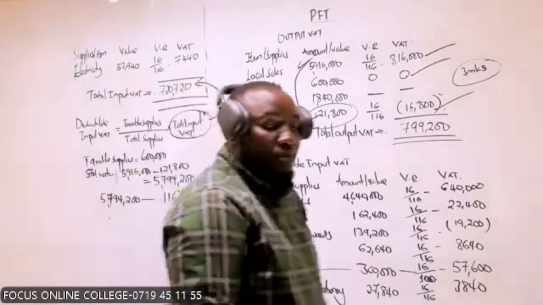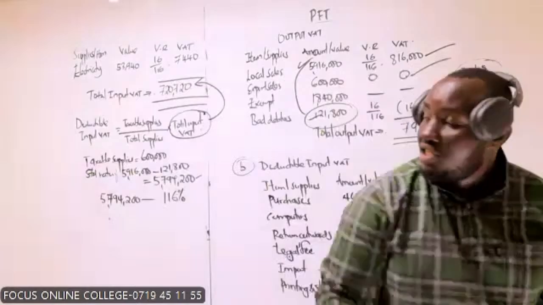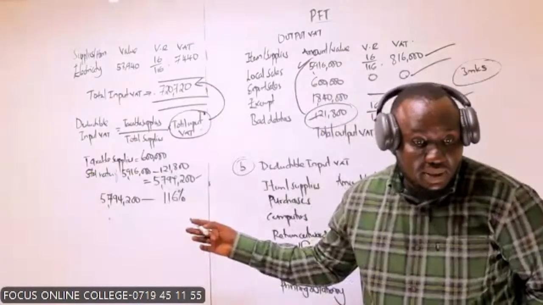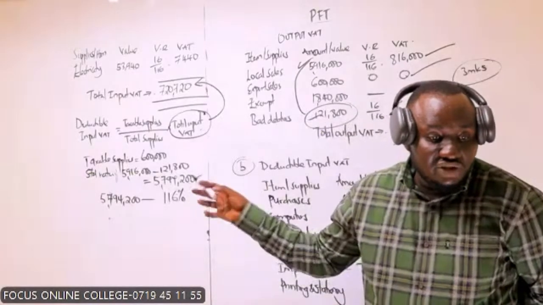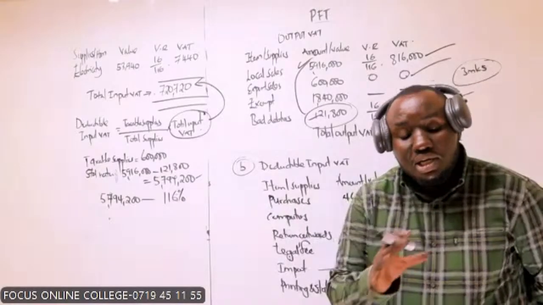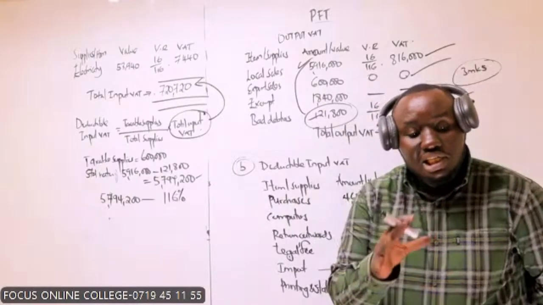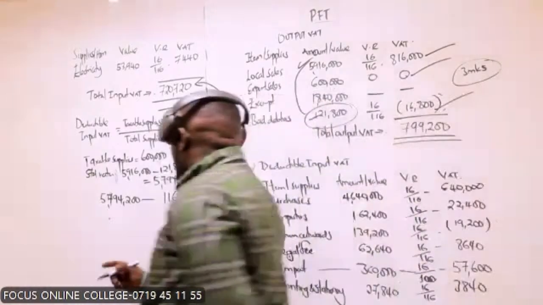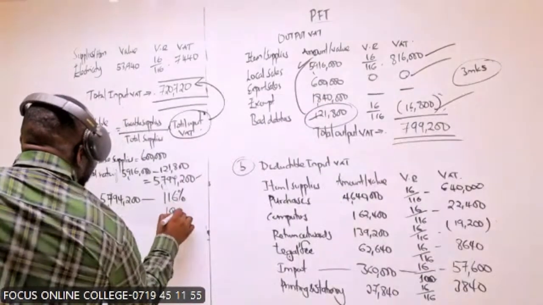Tuko pamoja. However, we say when you're restricting or getting deductible, the standard rate should be exclusive. So we get the figure 100% without the VAT.